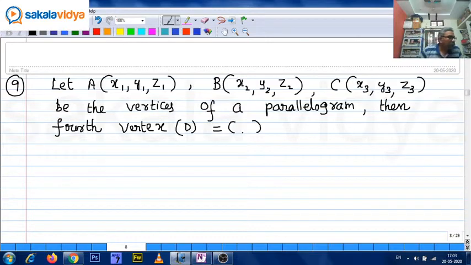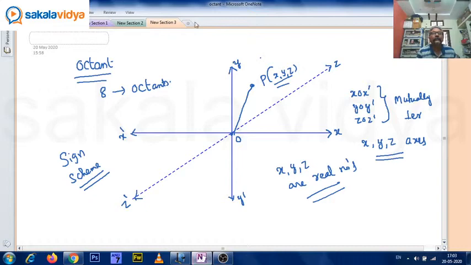So now let us move to a diagram right now.